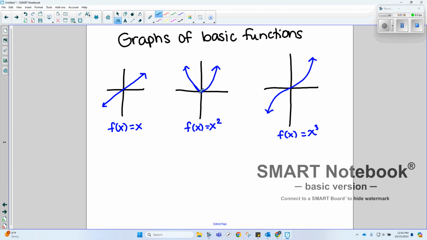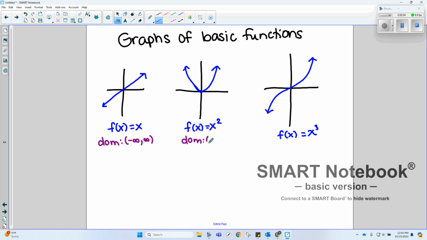Some things that we know about functions, some things that along the way I will ask you to demonstrate that you know. We've talked about domain and range of functions and relations in other sections already before today. If I look at the line y equals x, its domain is going to be all real numbers. The line goes to the left forever, it goes to the right forever.